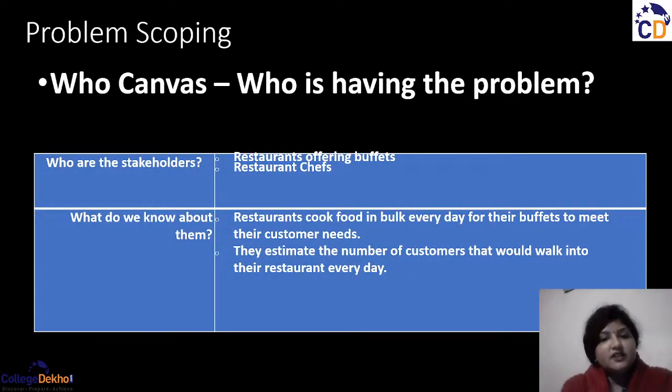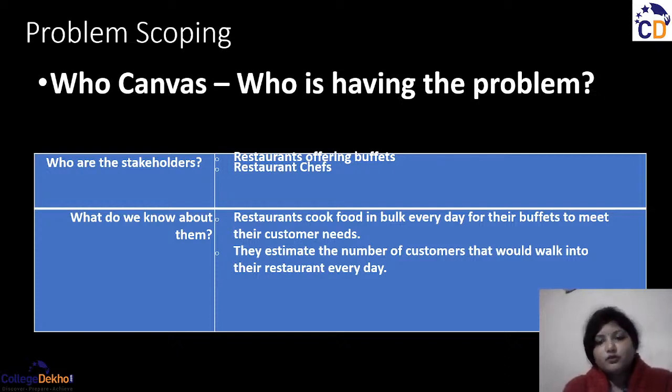So the first stage, I told you, is problem scoping. Whenever we start, the first thing is to identify the problem which is arising, and we are going to apply the AI project cycle to it. There are 4 W's in this problem scoping canvas. The first is who, the second is what is the problem.